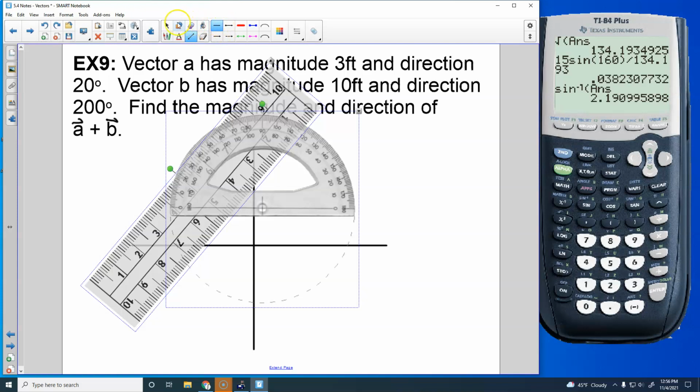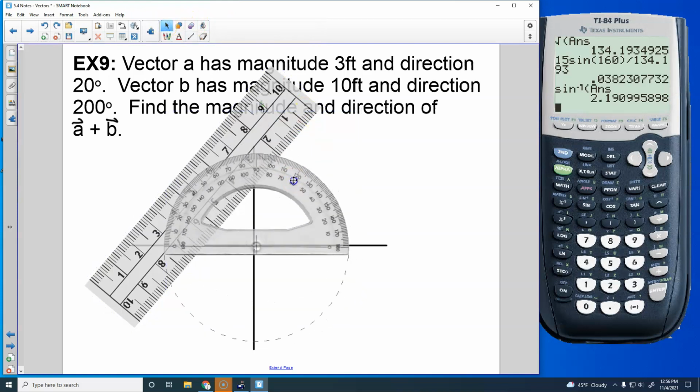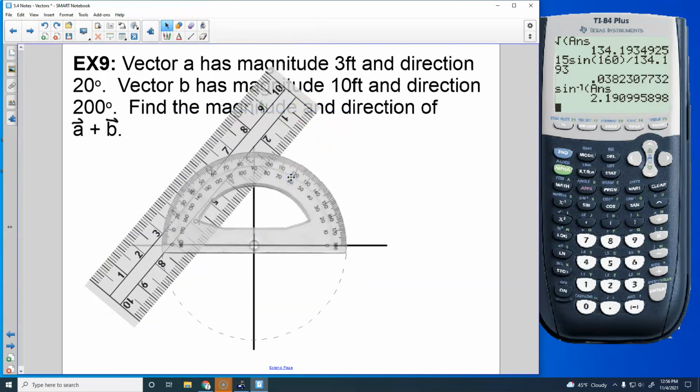Okay, good. I'll get that ruler and protractor back out here. So I've got 20 degrees. I'm going to put me a little dot right here at 20. And a magnitude of 3. And I'll tell you what I'm going to do here.